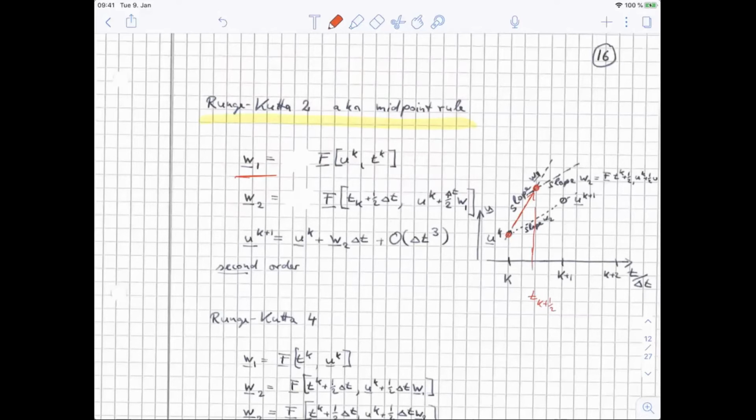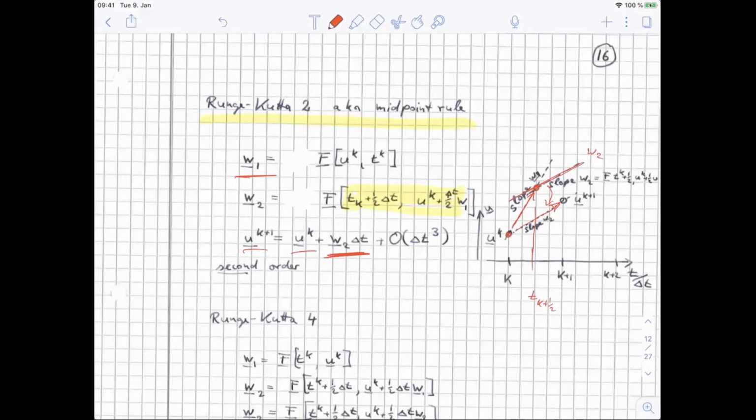At this intermediate point, you're evaluating your right-hand side again to get a new slope. And using this new slope, this W2 slope, you're now transposing this down to your original step, and you're taking the full step with this new slope. Indicated here by u k plus 1 equals u k plus the new slope W2 times delta t.